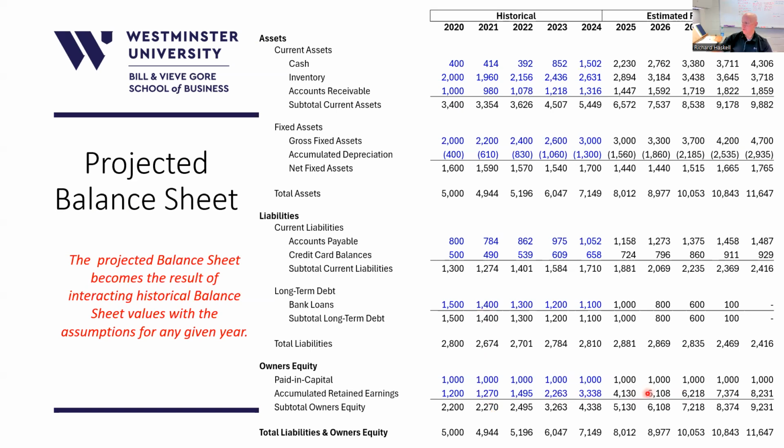And if you're curious as to how accumulated retained earnings is a subtotal, well, it equals for any given year the prior year's accumulated balance plus that year's value. So if I'm looking at 2025's accumulated retained earnings of 4,130, I would take the 2024 accumulated balance of 3,338.